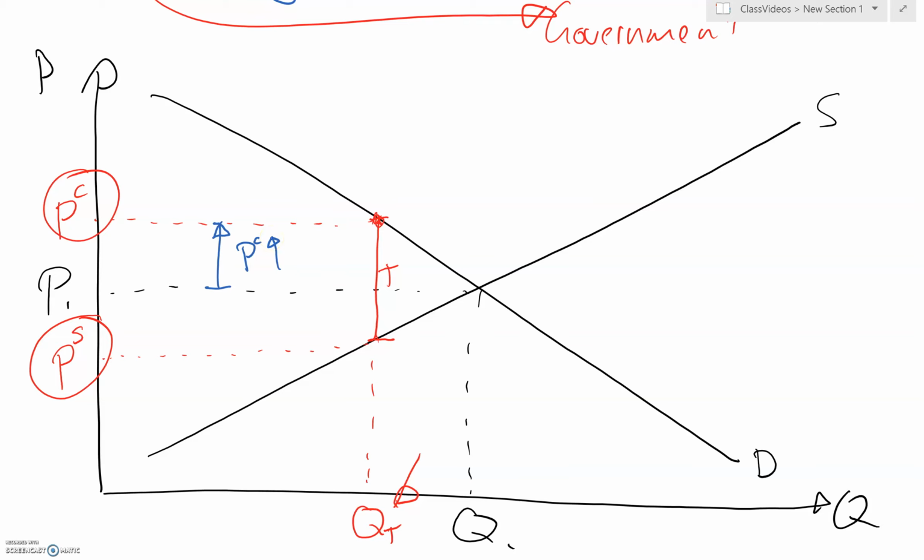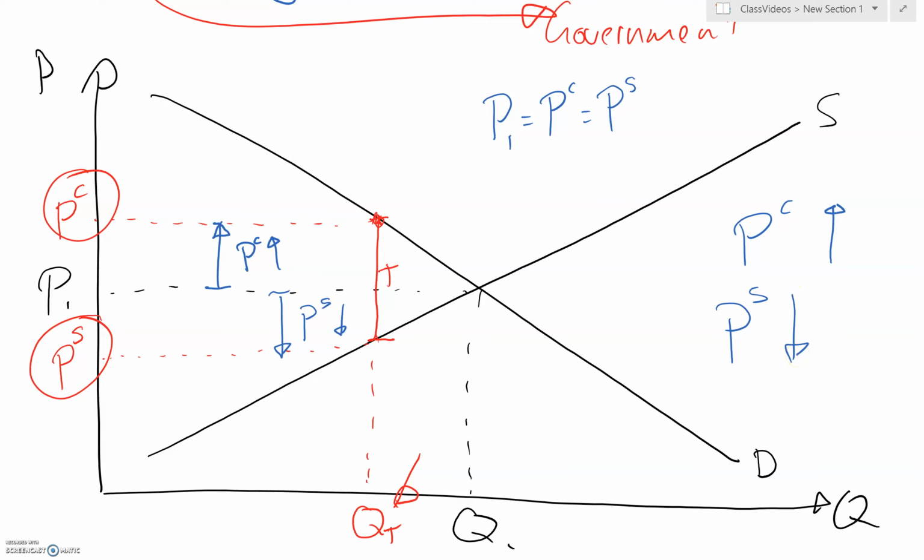Before, the initial price was equal to the price consumers pay and the price sellers receive, because everyone was paying the same price. The government wasn't taking this bit out of the middle. So the price consumers pay has gone up, and the price sellers receive has gone down.